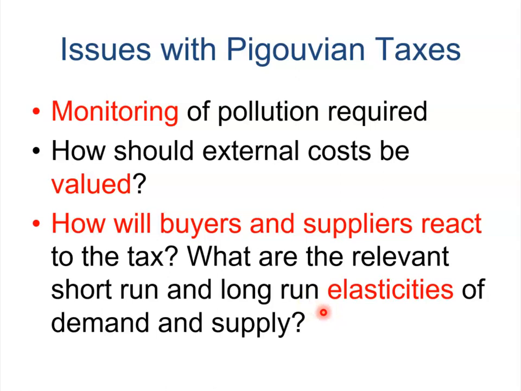So if you were to impose a carbon tax, let's say, and raise the price of gasoline, how are people going to respond? Presumably, what you're trying to do is to attain a certain target level of emissions, in this case of carbon dioxide, but you don't know whether you're going to attain that target or not.